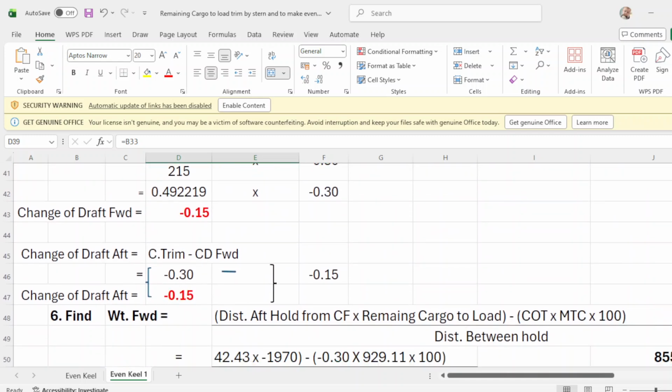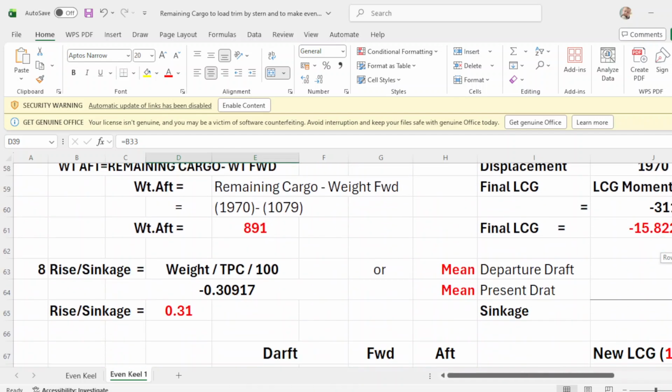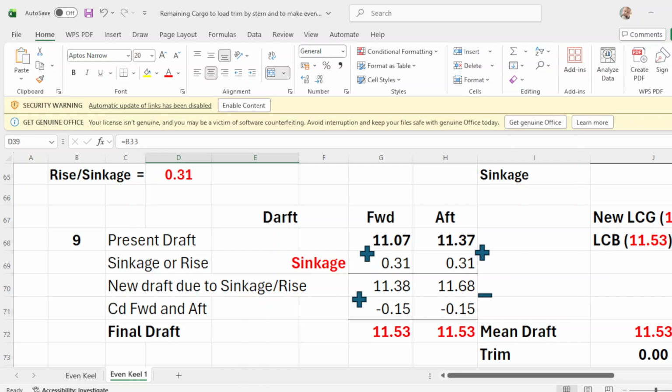Negative 0.15. Okay. So what you do? Forward, you add.